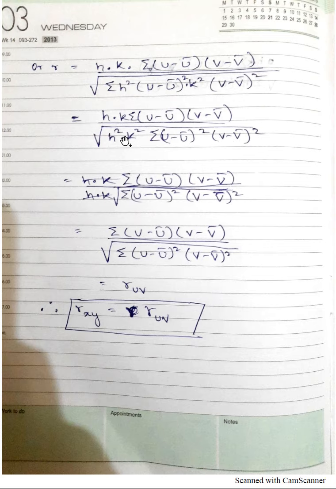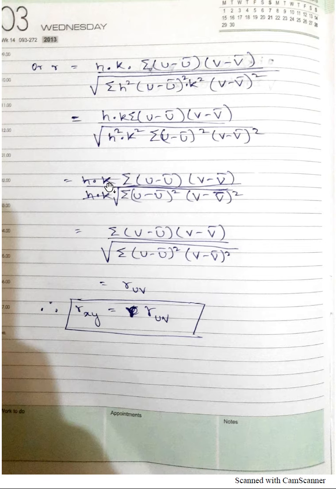This h square k square, when it comes out of under root, it becomes hk, so it will become hk into summation u minus u bar into v minus v bar divided by this comes out hk under root summation u minus u bar whole square into under root, here again you will have to write an under root, v minus v bar whole square.